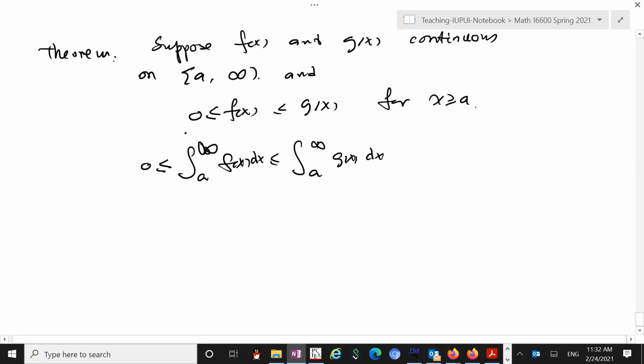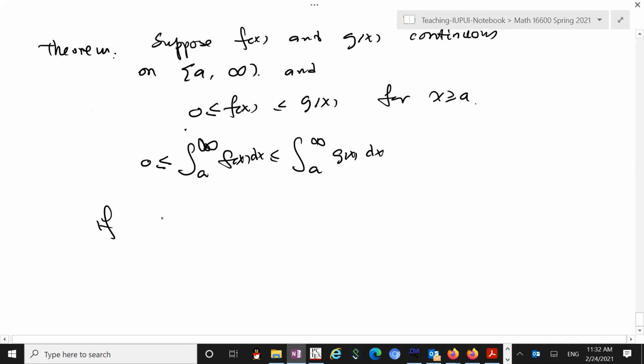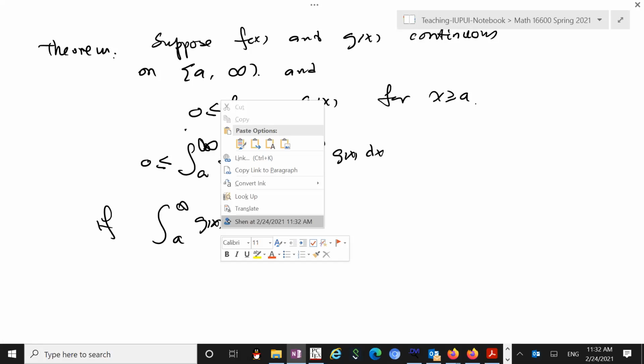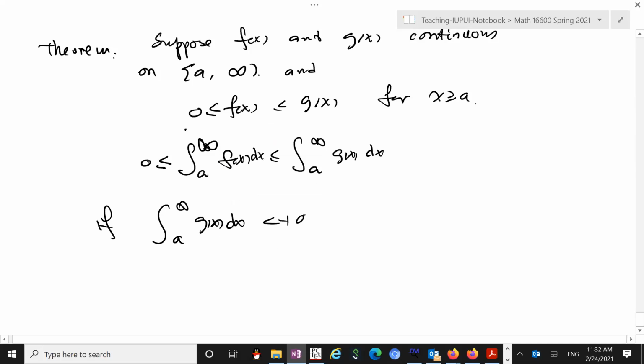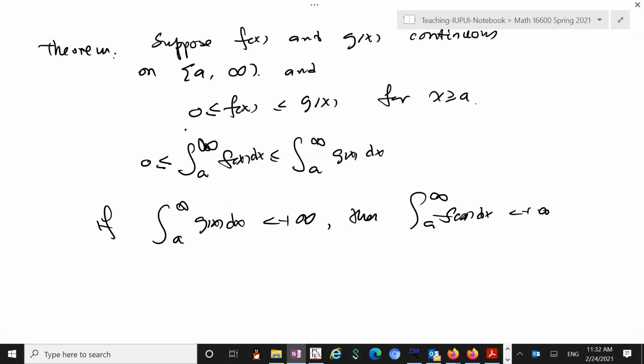So the conclusion is if the integral of g of x is finite, then the one on the left-hand side is also finite, because we know that it's always greater than or equal to 0. And this is a useful formula to use.